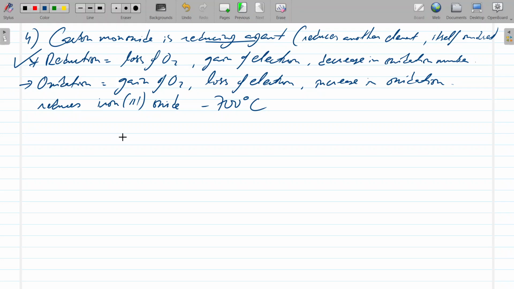You've got iron 3 oxide, Fe2O3. Reduces iron 3 oxide basically means loss of oxygen, and gain of electrons as well, right? All of that is happening in this case. So this is carbon monoxide.